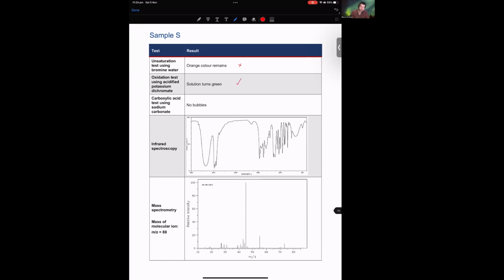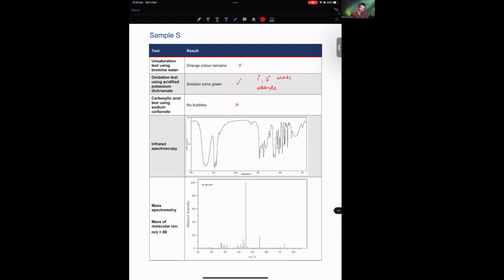So the kinds of things we're looking for here are primary or secondary alcohols, or potentially an aldehyde. Keeping in mind, the carboxylic acid test is negative, no bubbles. Therefore, we're not going to expect to see a carboxylic acid.